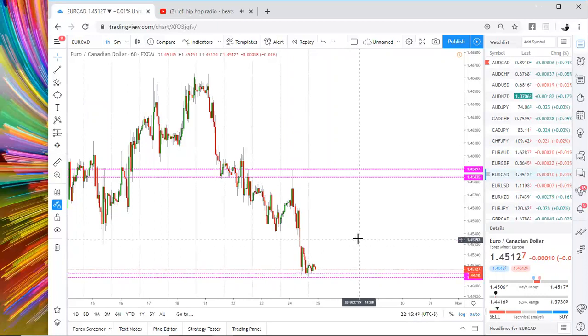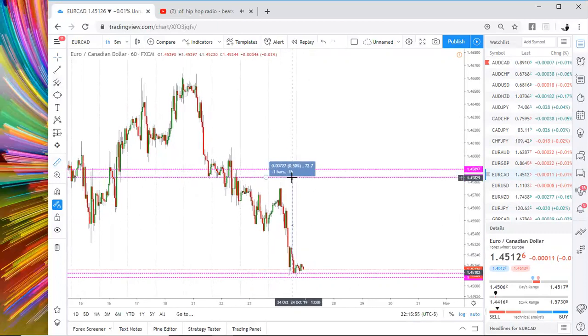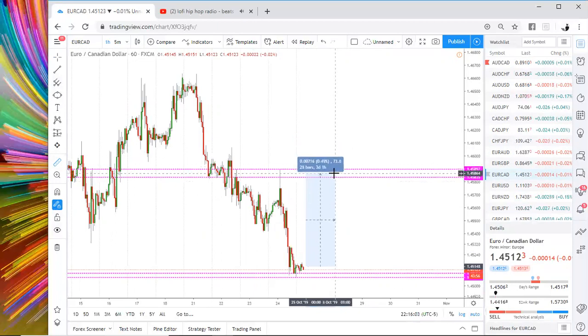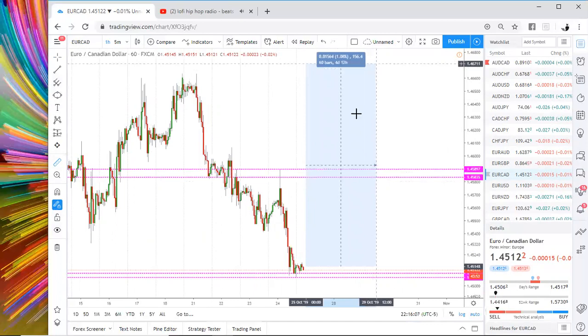But if it plays out, it's going to be that 72 pip range. So let's say price does make it all the way up to break, 88 pips down, and then move another 10, 12 pips down, and then go for another 200 or 100.